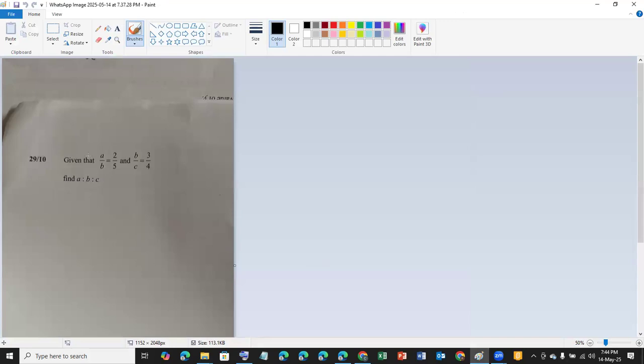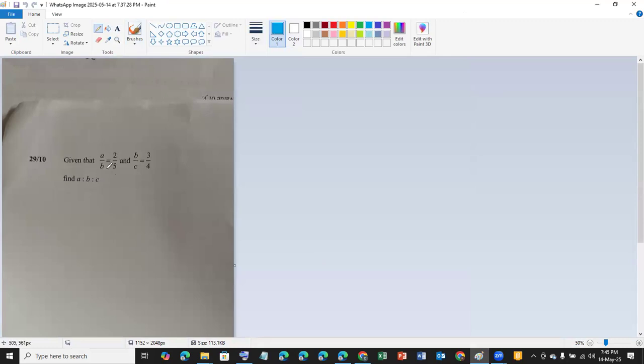Okay, so it says, given that a over b, sorry. Let me change the color to red, or maybe I should make this one blue. Let's see how blue will look.